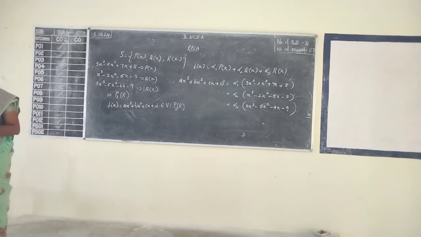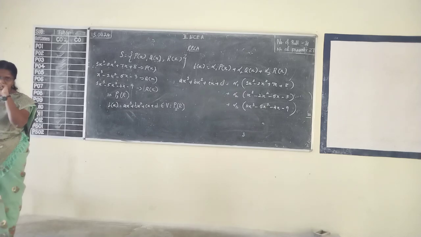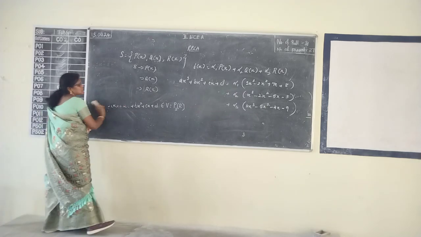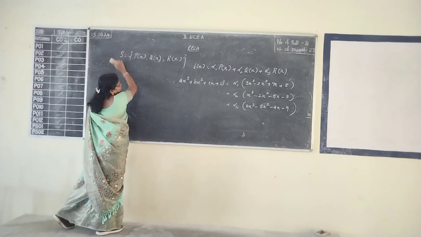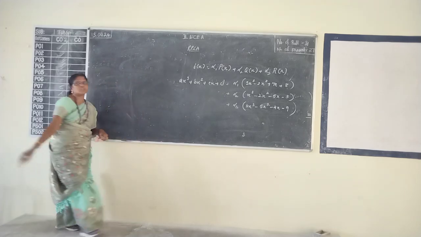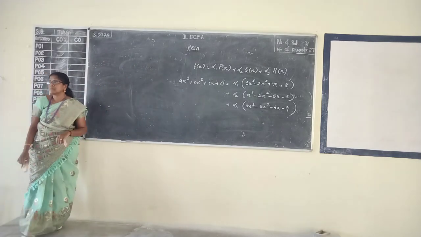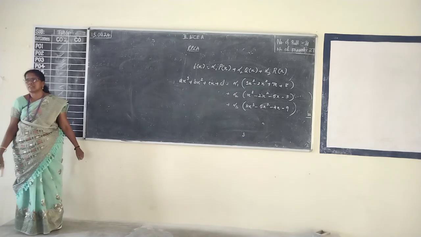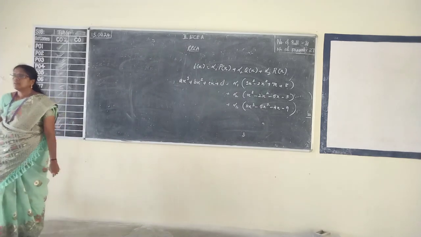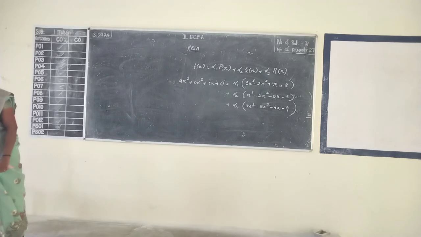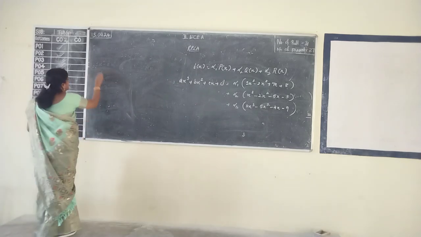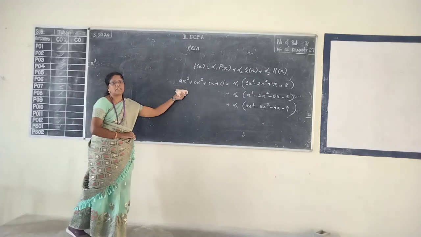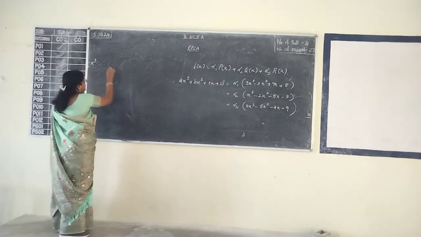Now write, equating the coefficients on both sides. So what is the highest degree? x cube. Combine all the x cube terms. What is the coefficient here? a.